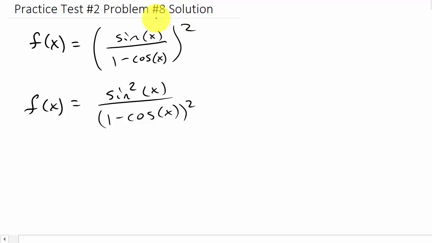Remember this sine squared is the same thing as sine x squared. It might be easier to look at it like this, the way we're going to work it. Also, this f of x, I'm going to change it to y.